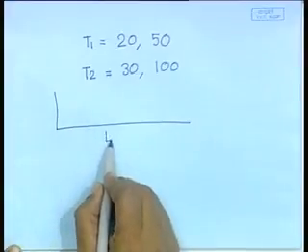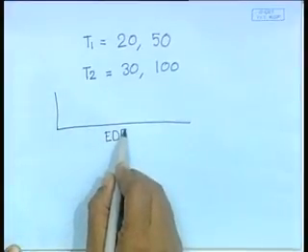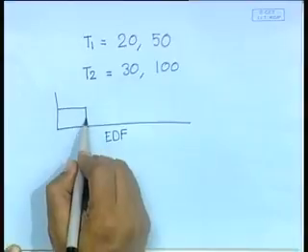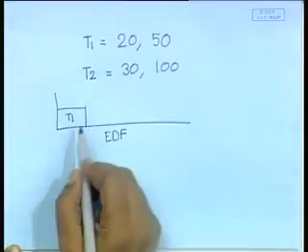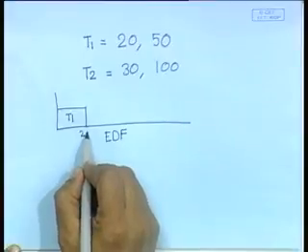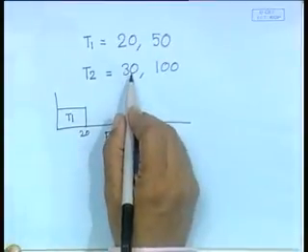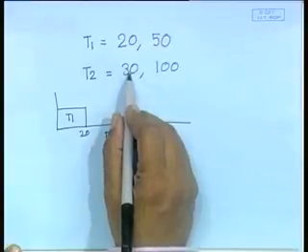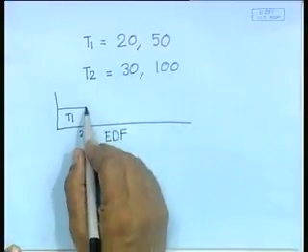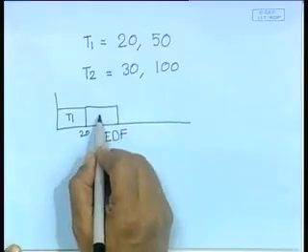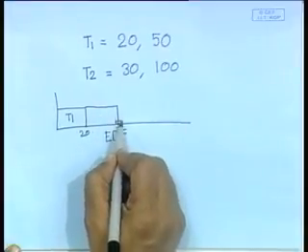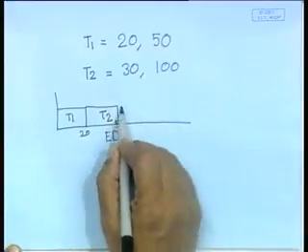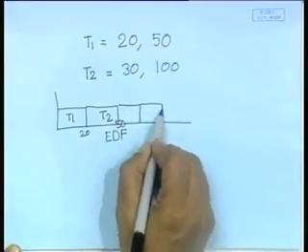So, let me draw for EDF. It will start with T1 because that has the earliest deadline, and it will run up to 20, and at 20 T1 has completed and T2 will run for 30, and again T1 will run and again T2 will run and so on.